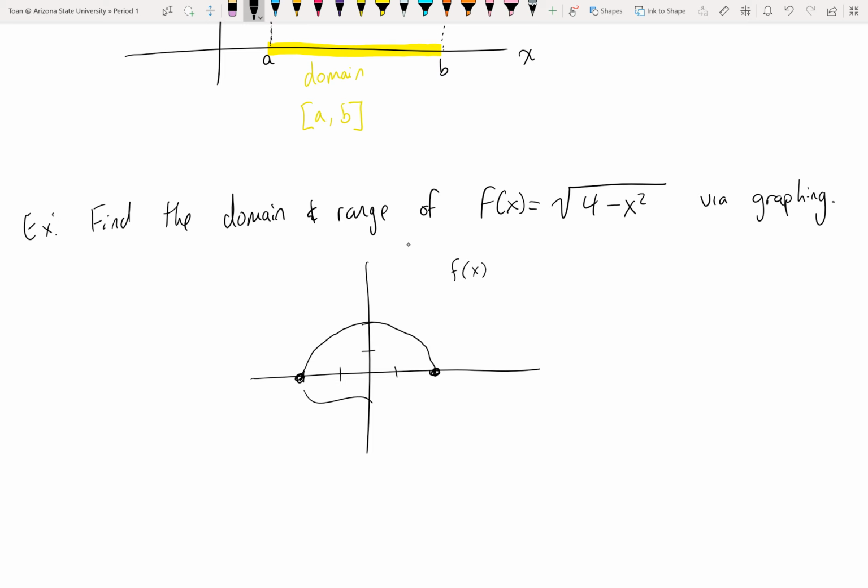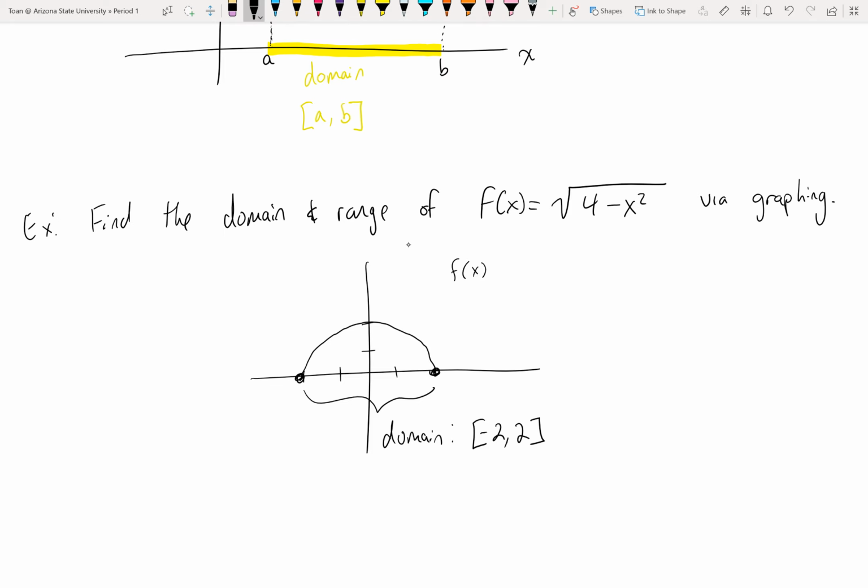So hopefully we can see that here, that the domain, just read it. It starts at -2, goes all the way to 2. The range is the vertical. Now you have to look at where the actual graphs are. So although the graph, if you were to think left and right, starts here and ends here, I don't really care about that.